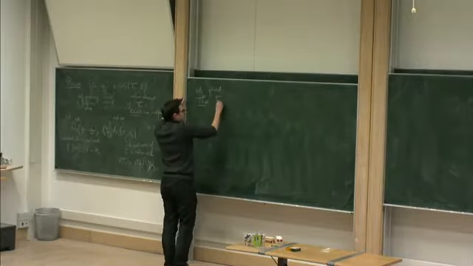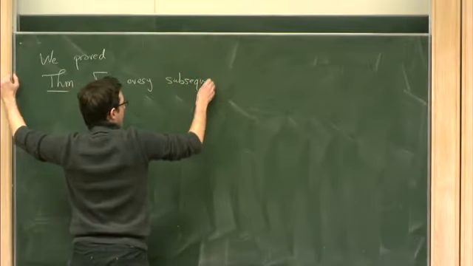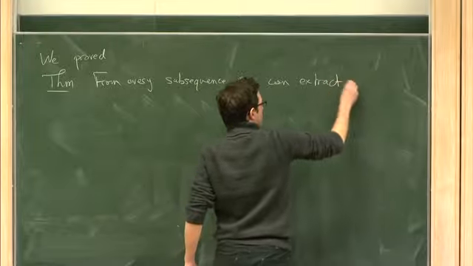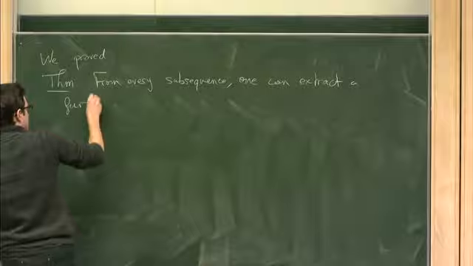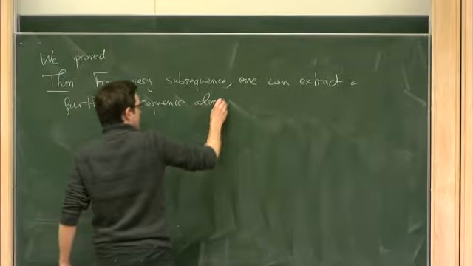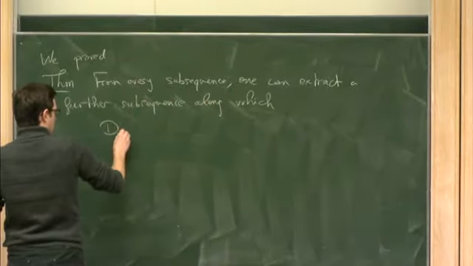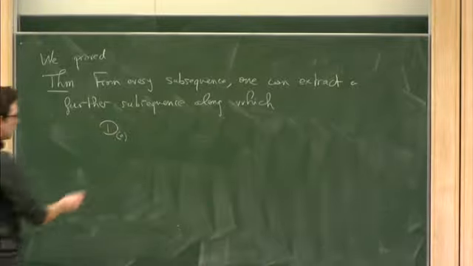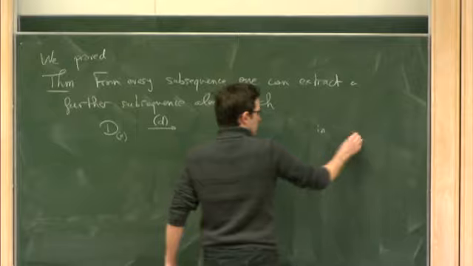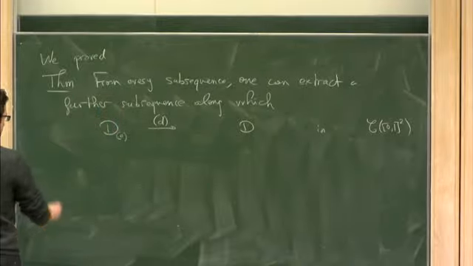From every subsequence, one can extract a further subsequence along which d_n as a function converges in distribution to a limiting d, in C([0,1] squared).